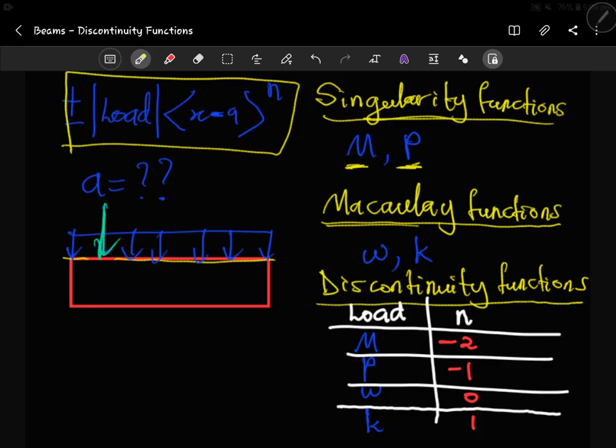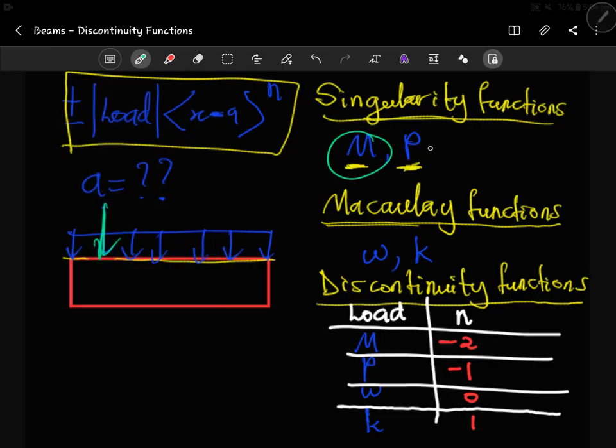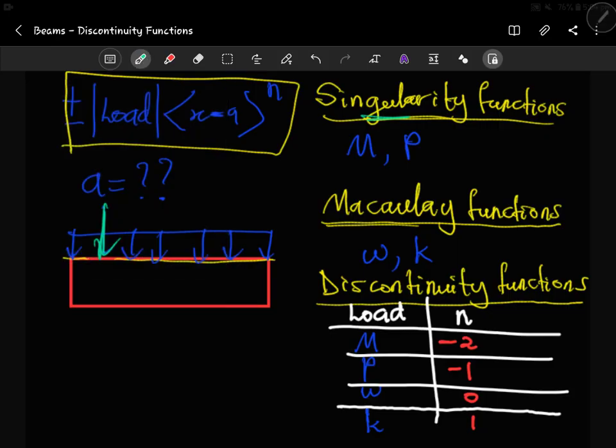And then the Macaulay talks about distributed load, which could either be uniform distributed or linear distributed. Combining these two is what actually gives us the discontinuity function. So the discontinuity function is basically bringing these two together. Are you okay? So it's just a build up on the two, right?